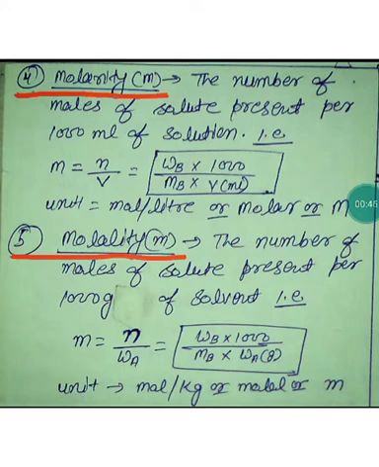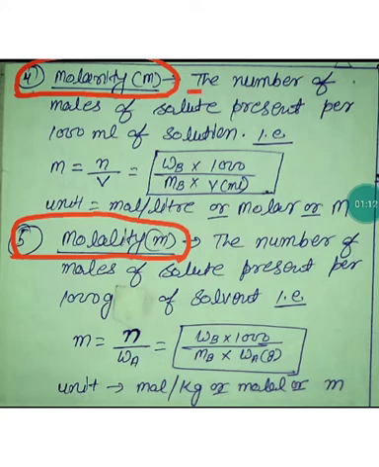There is a little difference between the two methods. First one is symbol. The symbol for number 4, molarity, is capital M, and the symbol for molality is small m. So now let us start the definition of molarity.